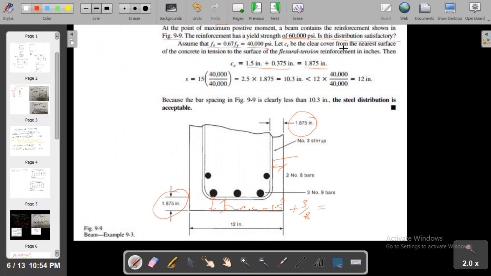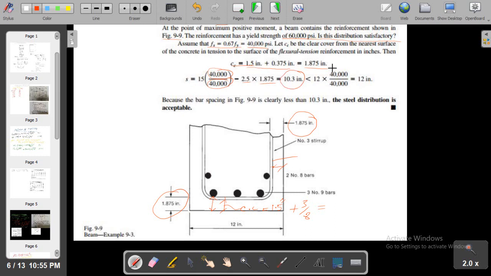Let CC be the clear cover from the nearest surface, and we calculate CC. Now we will plug in all those values, as this is constant. This is the formula value. This is the Fs value which we got here, and this 2.5 is constant. This is CC. We got 10.3 inches here.